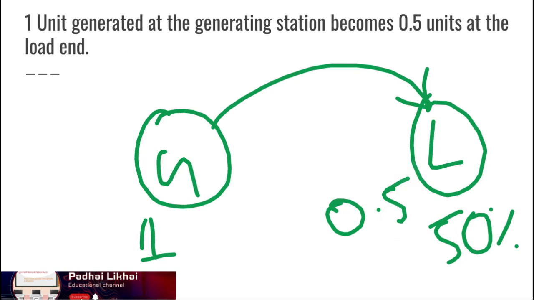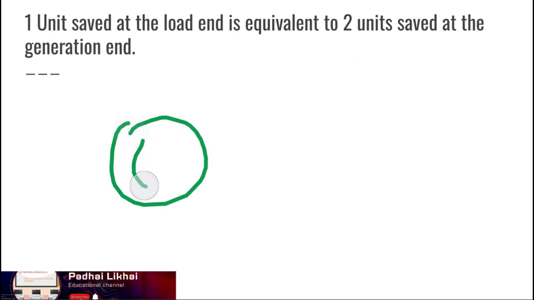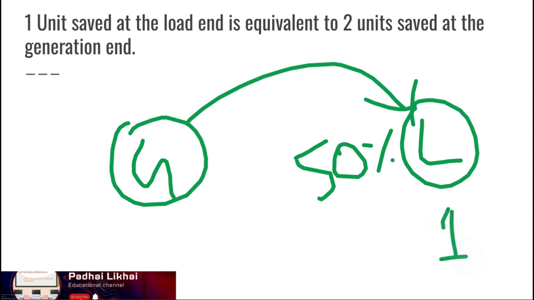So 1 unit generated at the generating station becomes 0.5 unit at the load. There is one more interpretation. 50% means that 1 unit, if saved at the load, actually saves 2 units at the generation. This is amazing.